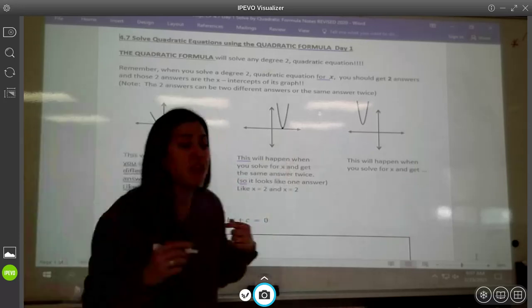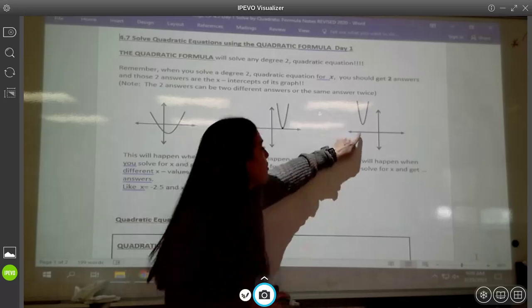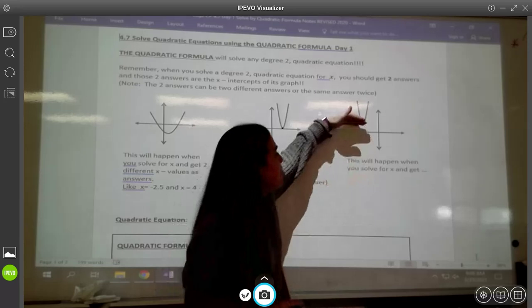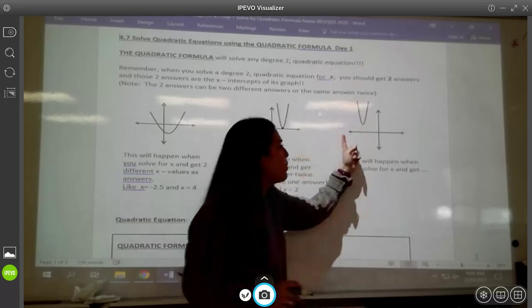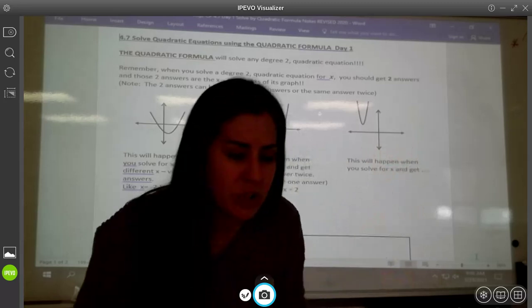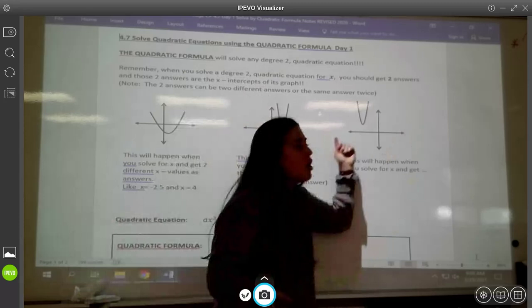But then, guys, there's a third scenario. We have seen parabolas that do this, where the vertex is completely above the x-axis, and then the parabola opens up. So it never crosses over the x-axis. So what kind of answers do you get when you solve a quadratic equation that doesn't cross the x-axis?